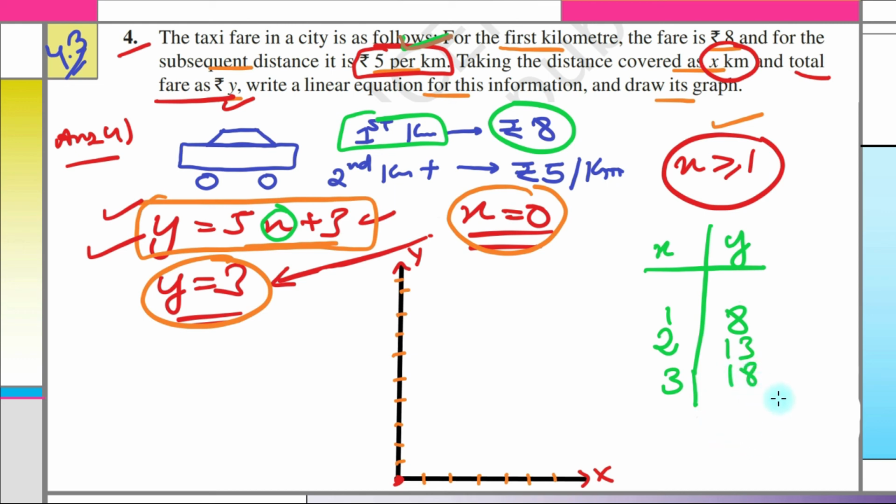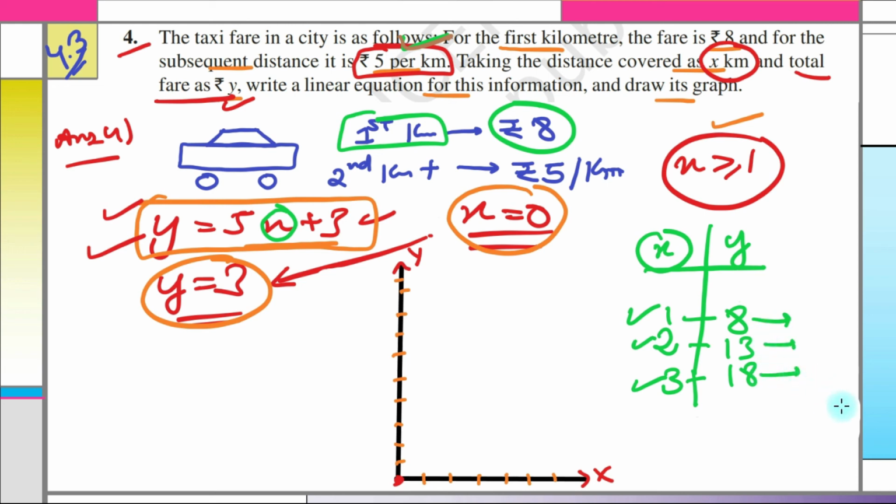So what we have done is take the values of x. If you wish, you could take the values of y also. We fix the values on our own side, find the corresponding values of y, and get the solutions x comma y.